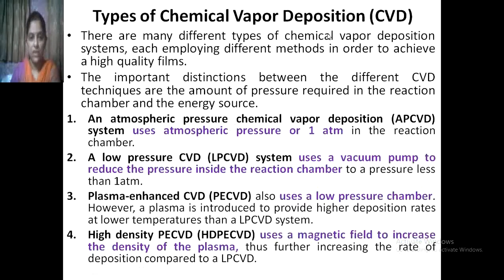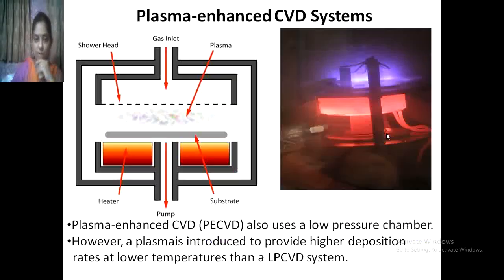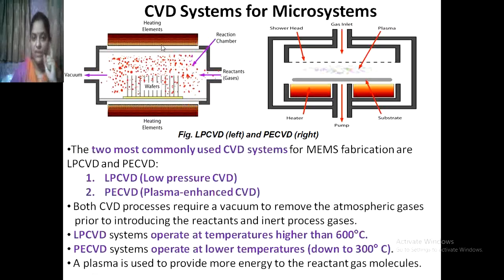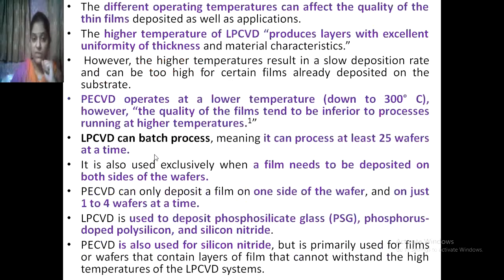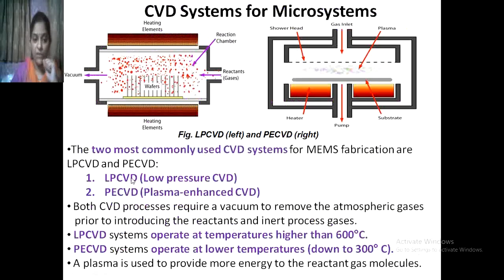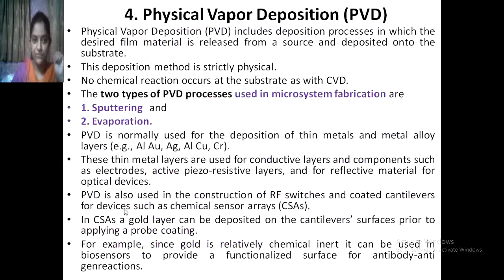Then we have seen the types of CVD, that is APCVD, LPCVD, PECVD, then HDPECVD. One example we have seen, that is plasma enhanced. Then CVD system for microsystem we have seen with the example of LPCVD and PECVD.